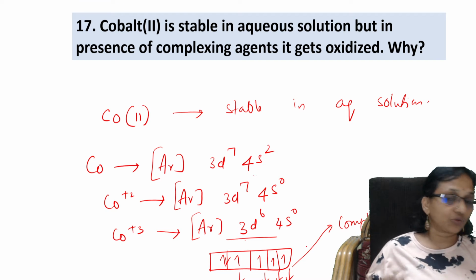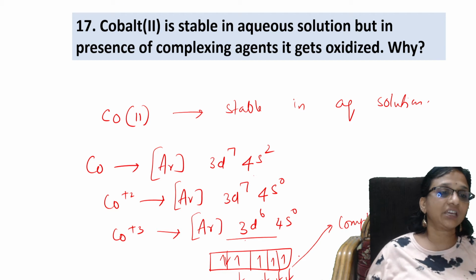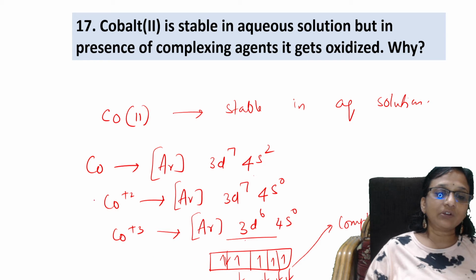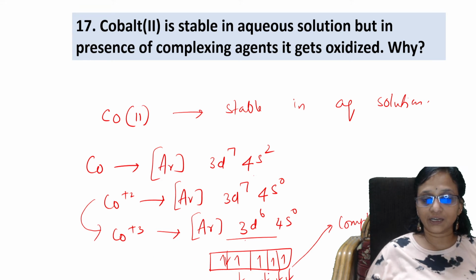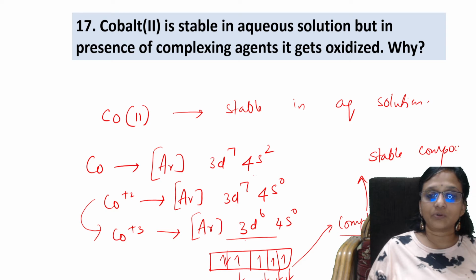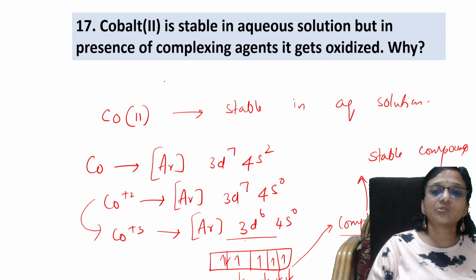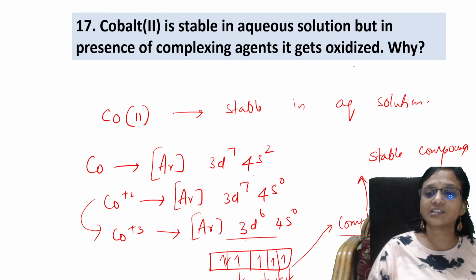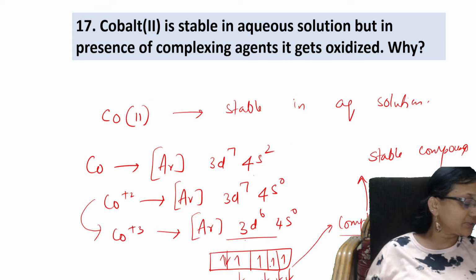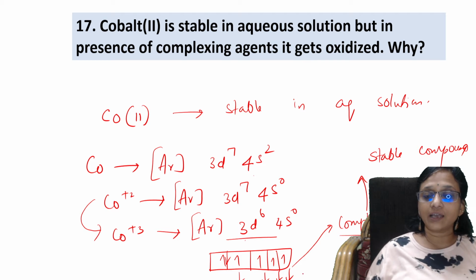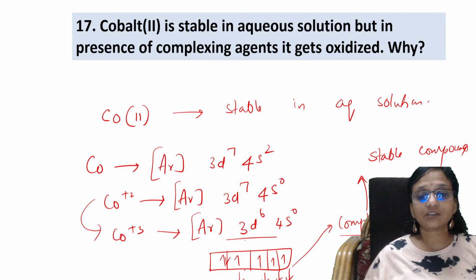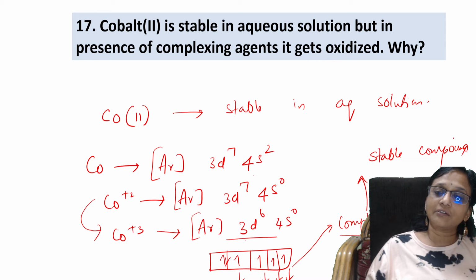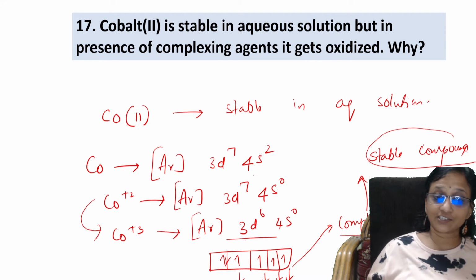So cobalt is going to have so many empty orbitals. That's why it will prefer losing one more electron and creating empty orbitals. And once they form complexes, they'll become stable, right? They will form stable compounds. So that's why Co plus 2 is stable in aqueous, but in the presence of a complexing agent, it gets oxidized, because it is going to have empty orbitals, accept electrons, and finally form a stable compound. Easy, students? Very easy.